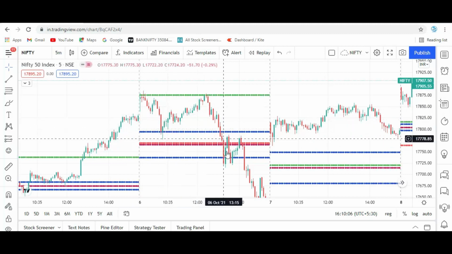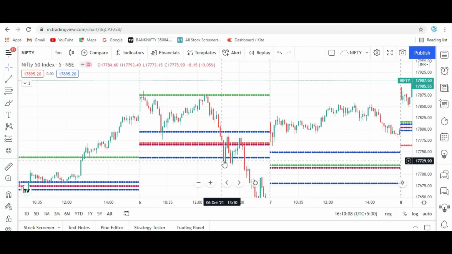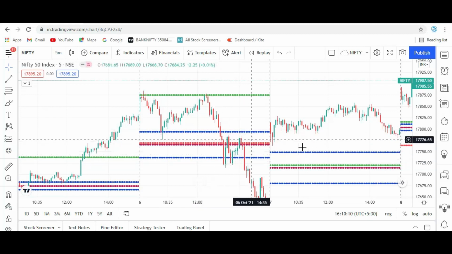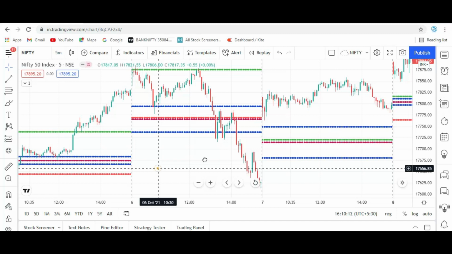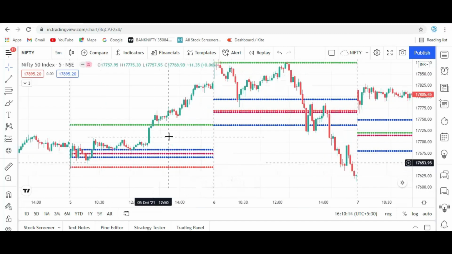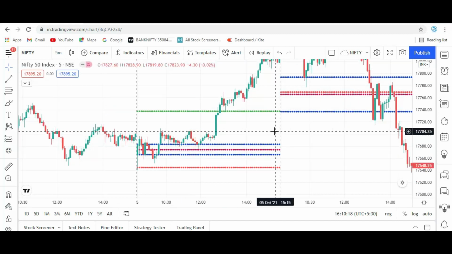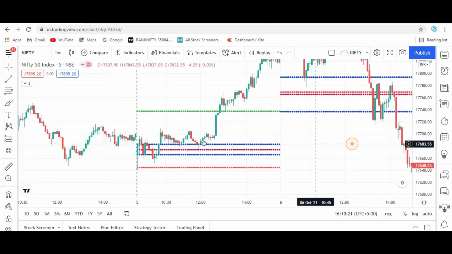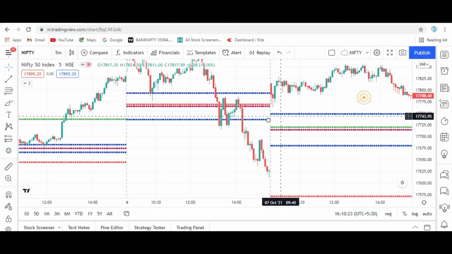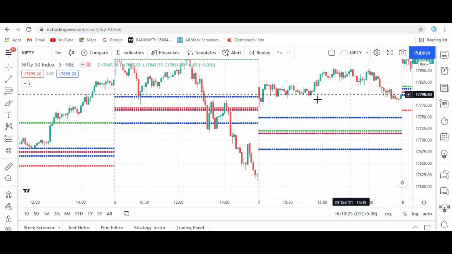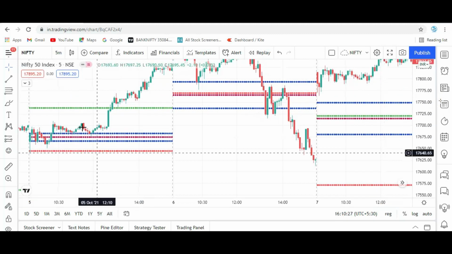The second time it breaks the CPR and L3, then it reverses into a downtrend. So when you see the CPR inside H3 or L3, it is very strong support for that day. This day with a wide CPR is sideways. This day with a narrow CPR is trending.